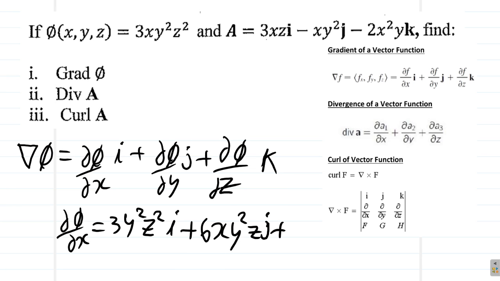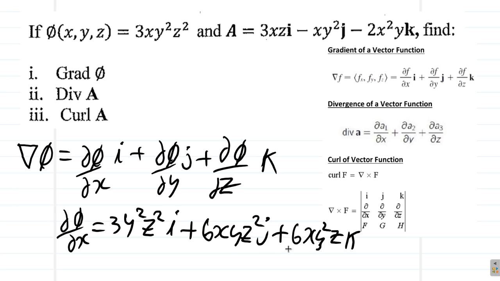No, what did I do a while ago? I said this should have been partial phi by partial y. Partial phi by partial z is 6xy squared z in the k direction. Good. So there you have it. You have your gradient of phi.